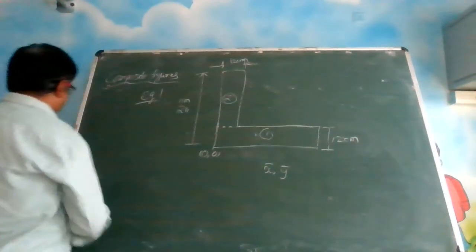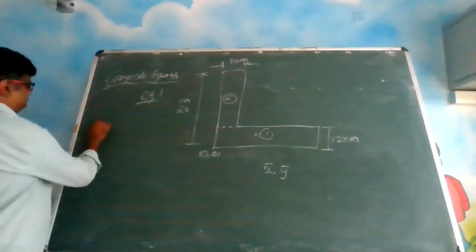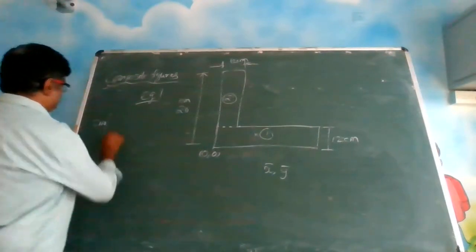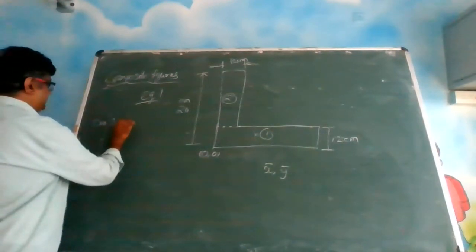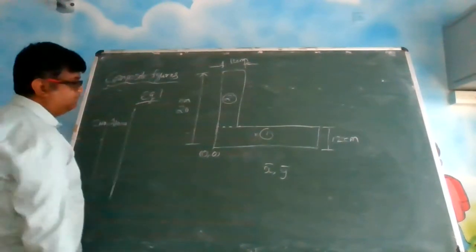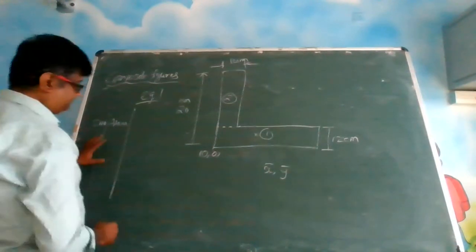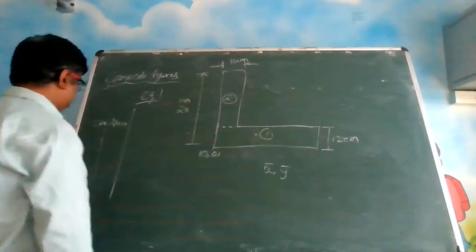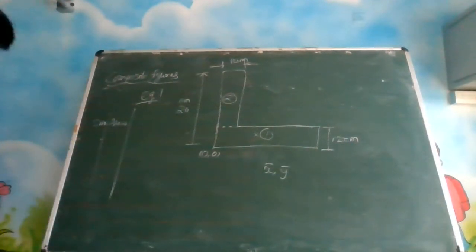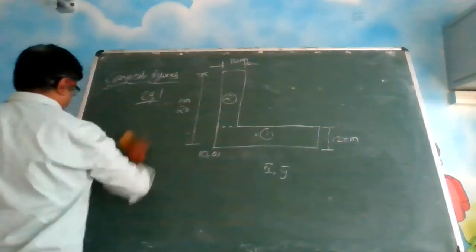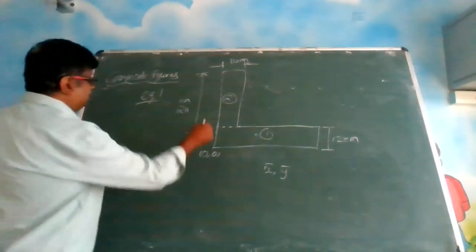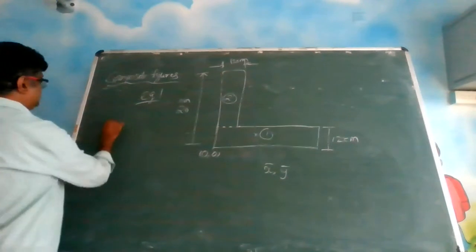So here we will make a simple table for clarity. The space is not sufficient, so we'll just calculate manually. Alright, let us first calculate the values of A1 and A2.